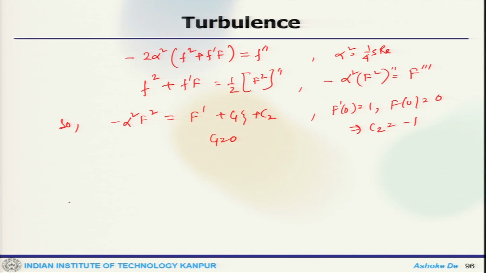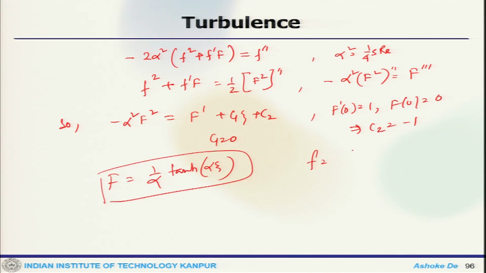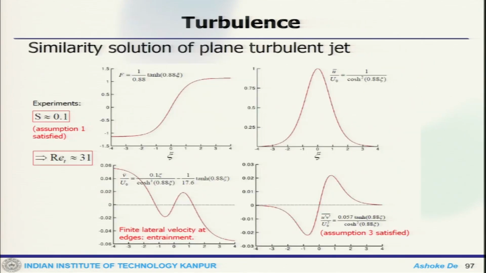So, the solution for capital F and small f: capital F would be 1 by alpha tanh of alpha xi, and small f is 1 by alpha xi. The definition of jet half width f of 1 would be half, which gives us back alpha equals 0.88.